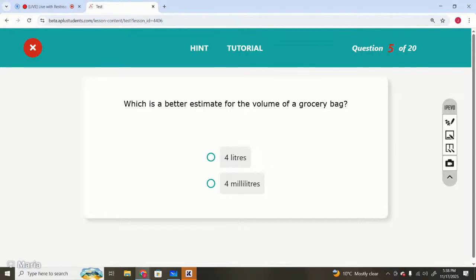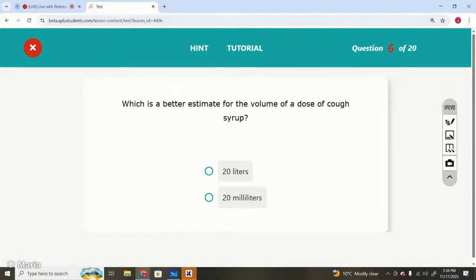Which is a better estimate for the volume of a grocery bag? It would be 4 liters. Option number 1 is the correct option.